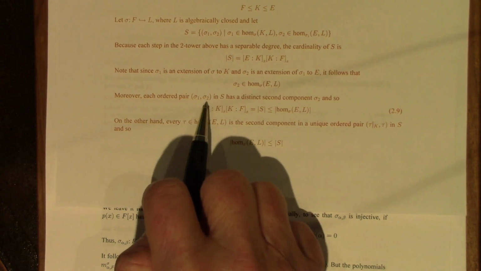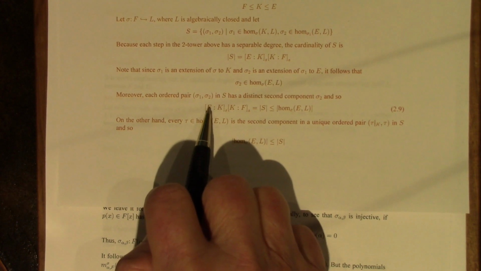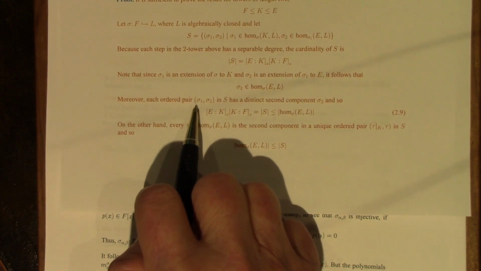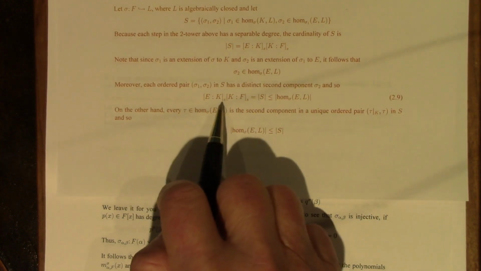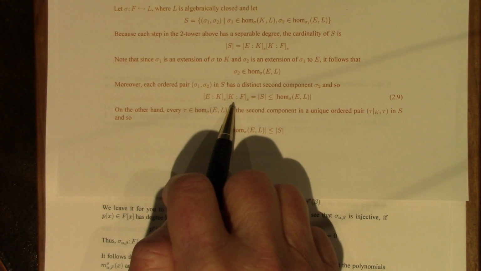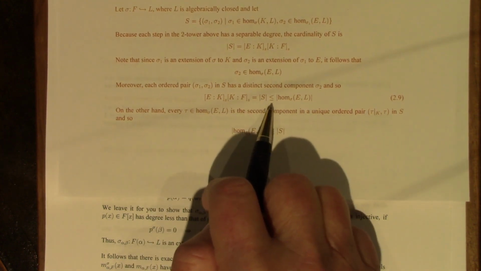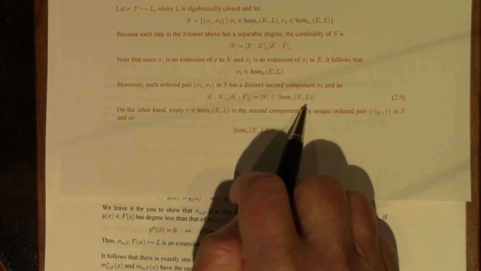And I'll let you ponder what would happen if you had two ordered pairs with the same second component. Why would the first components have to be the same as well? Therefore, the product of these two separable degrees, that's the cardinality of S, is less than or equal to the cardinality of the set of all extensions.